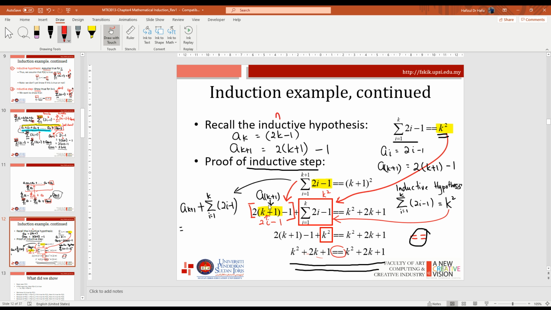Okay, this one is a(k+1) to 2i minus 1. And then we want to prove this one, where we replace k to the power of 2. So k plus 1 is equivalent to k plus 1 to the power of 2.